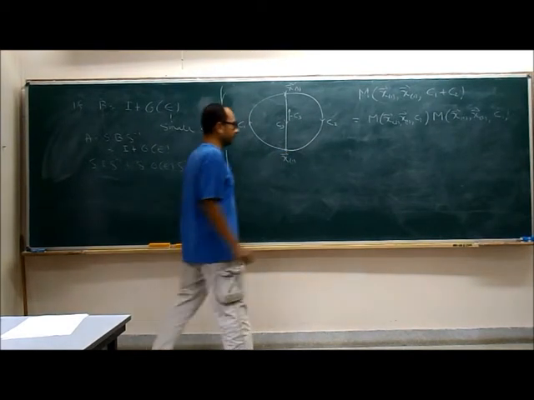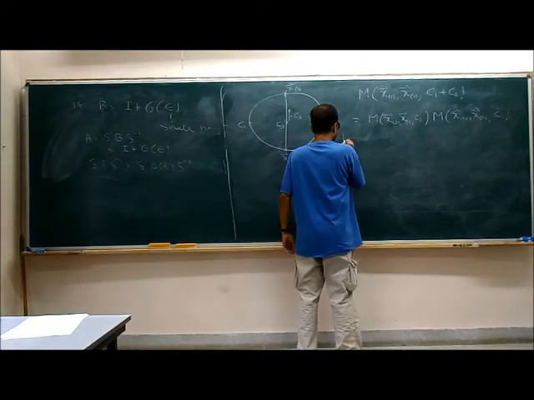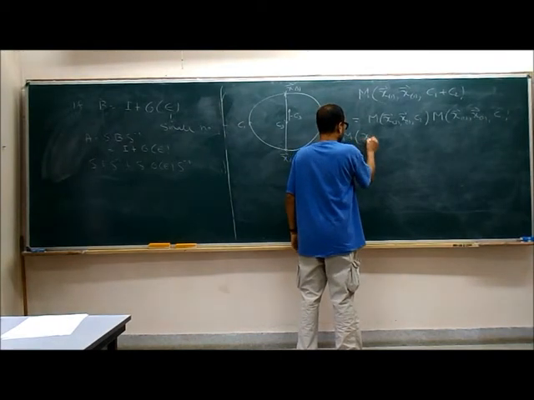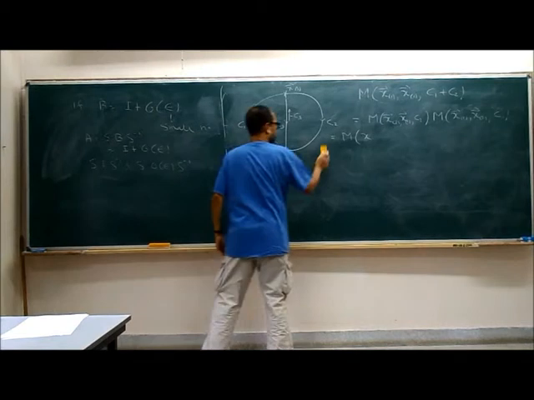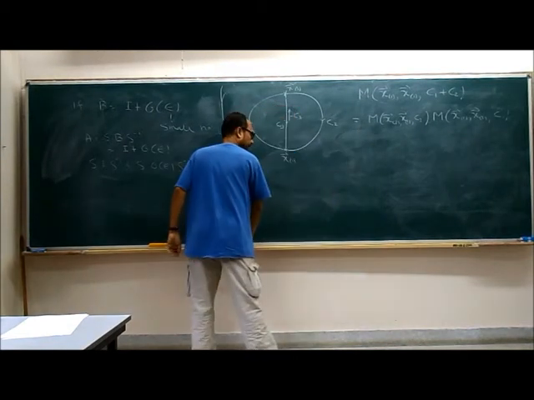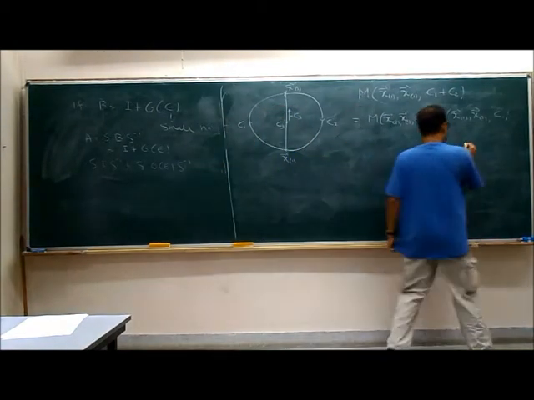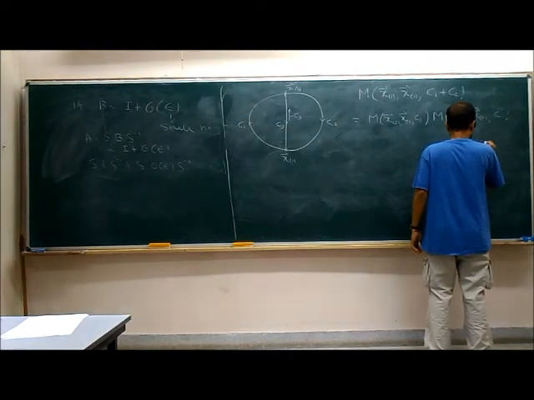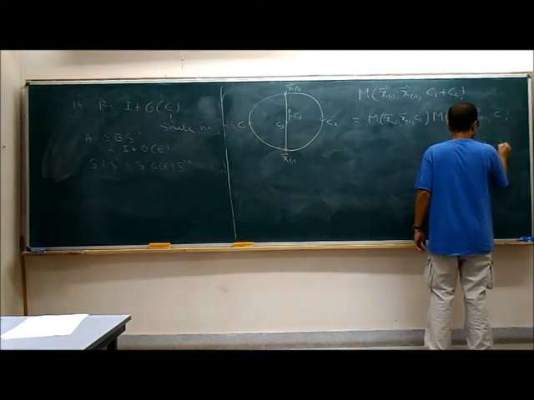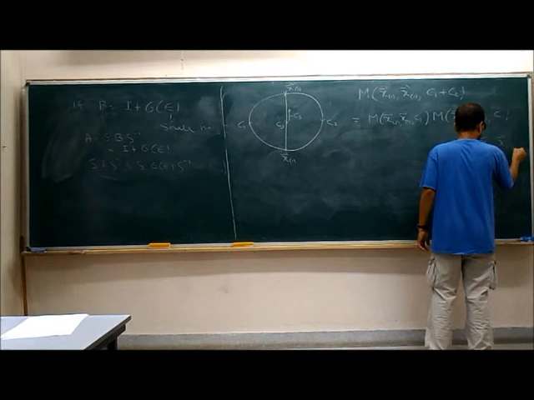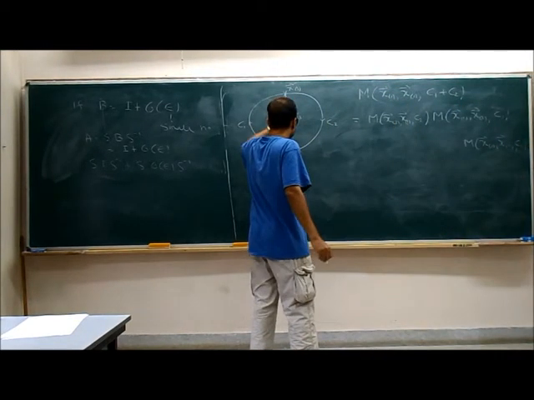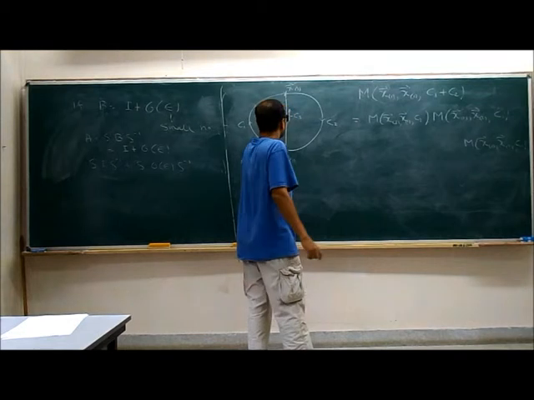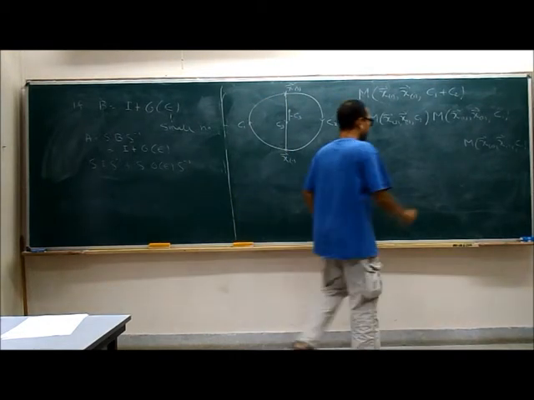So formally we can do this by inserting an M M inverse. So let's write from the right hand side. So M x1 x2 C1 was here. Now we want to complete this by adding this C3. So M x2 x1 C3.